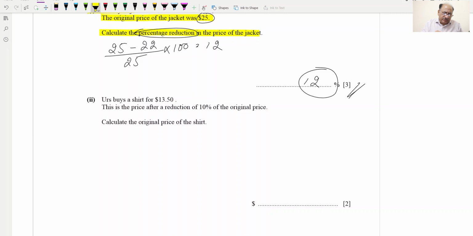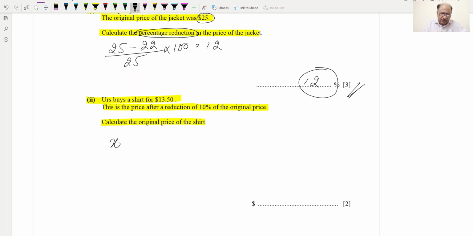Now part 2: he buys a shirt for $13.50. This is the price after a reduction of 10% of the original price. Calculate the original price of the shirt. This is a reverse percentage question, so we don't know the original price.